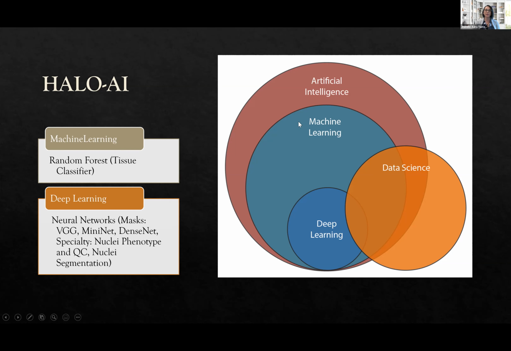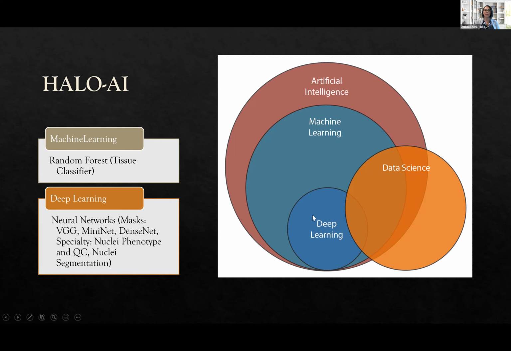There are 2 subfields inside artificial intelligence. One is machine learning, which is a subfield of AI, and is the concept that a computer program can learn and adapt to new data without human interference. And you can train those using supervised learning and unsupervised learning.